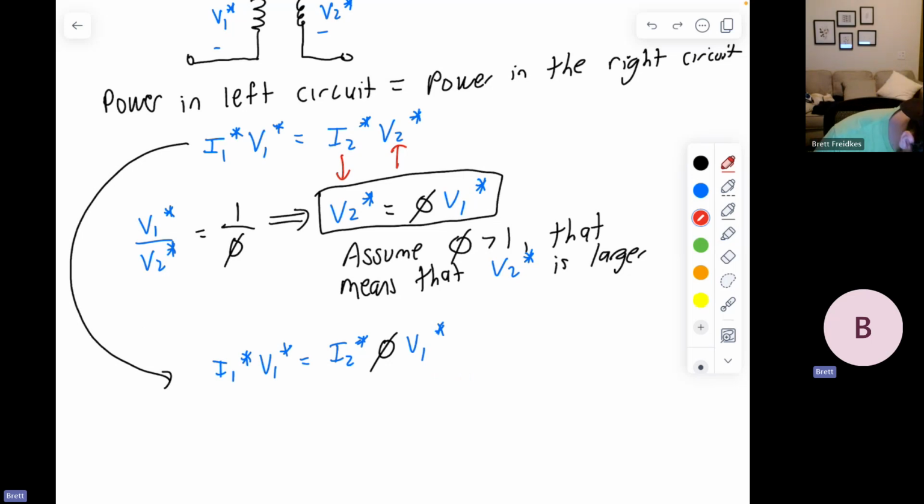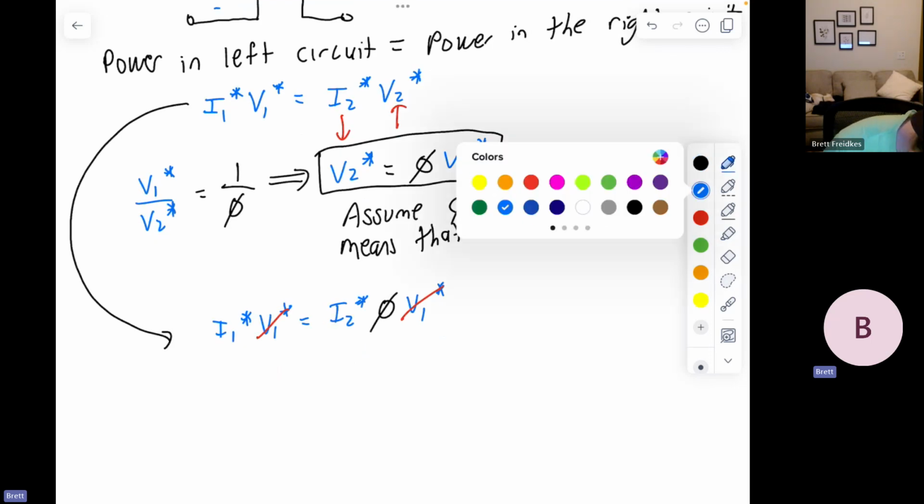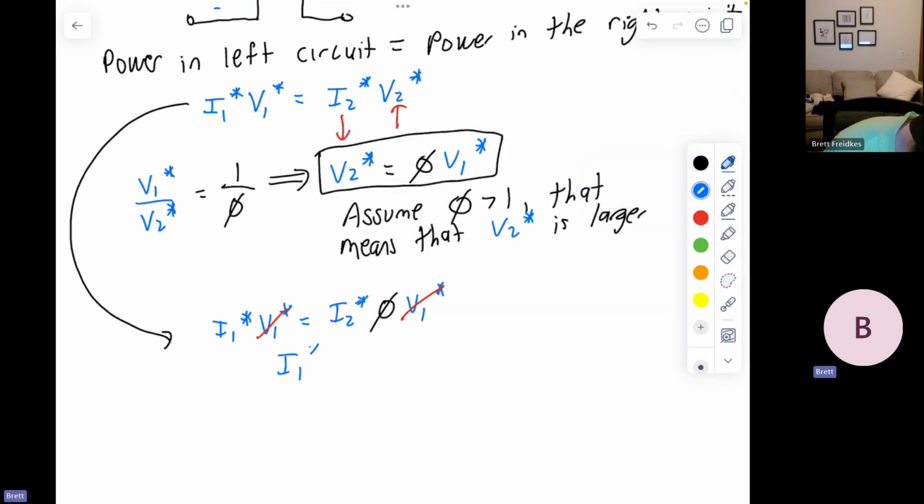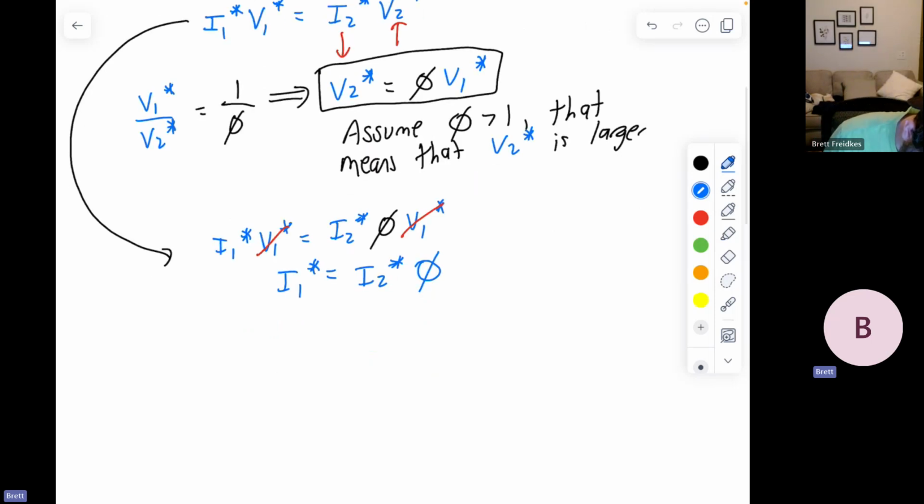So if you look at this, you see that the V1 stars cancel. And we can write that I1 star equals I2 star times phi. And if I want to write it in the same way, solving for the second electrical variable, I'll divide by phi, and I'll ultimately get that I2 star is equal to I1 star over phi.